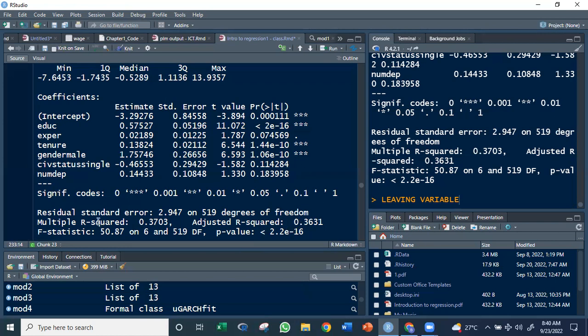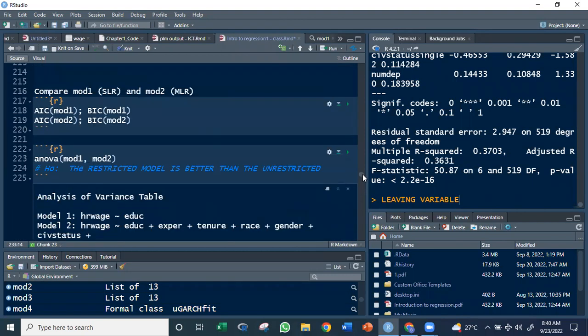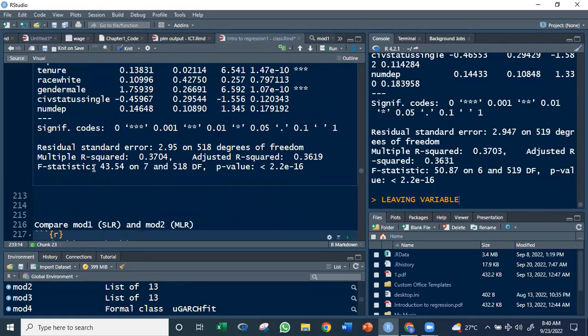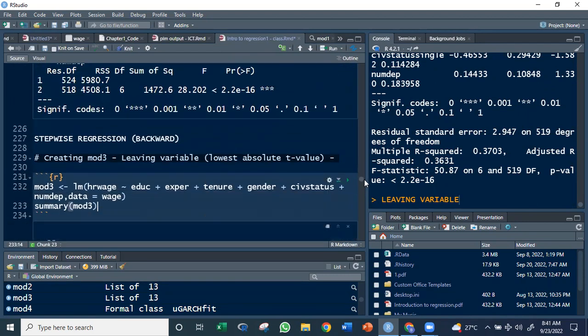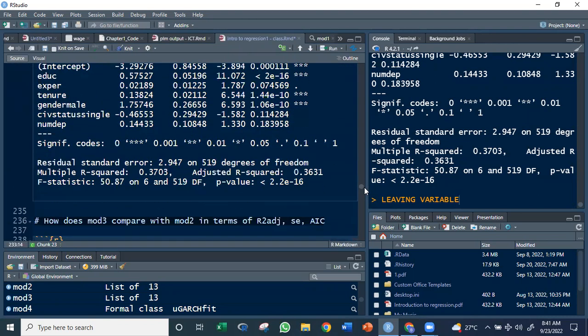And then what happened to your adjusted R squared? Medyo tumaas yung adjusted R squared natin, 36.31%. Okay, so it means that our model, nung tinanggal natin si raise, na-explain pa, yung adjusted R squared natin na tumaas pa. But if you take a look at the multiple R squared, 37.04 nung andoon pa si raise, dito yung multiple R squared natin 37.03.